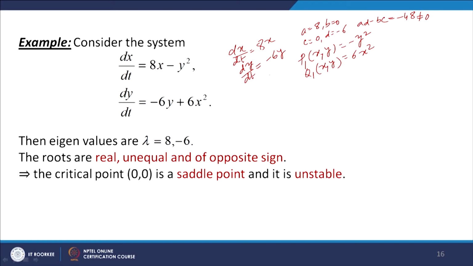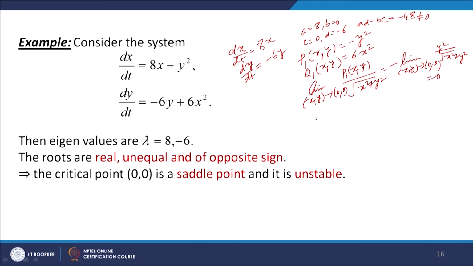Further, as we have shown in example 1, the limit as (x, y) tends to (0, 0) of P1(x, y) over square root of x square plus y square is equal to minus the limit of y square over square root of x square plus y square, which will be 0.